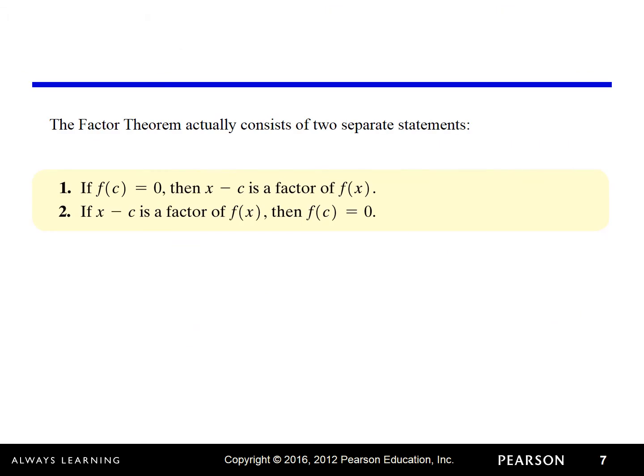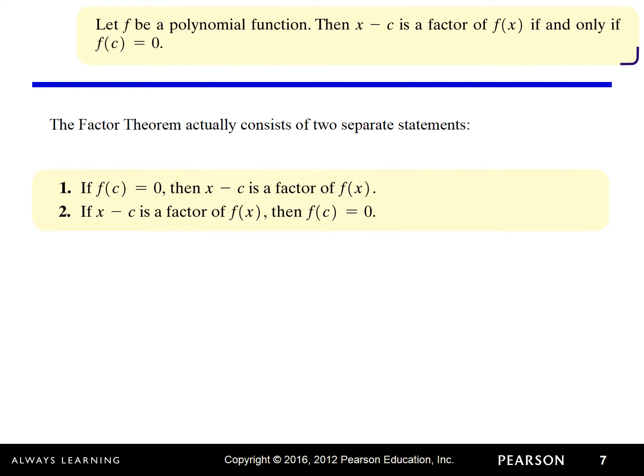Now, as we were just saying, when we're talking about hypothesis and conclusion, the factor theorem actually consists of two separate statements. If f of c equals 0, then x minus c is a factor of f of x. And that's what we established last time. We started with f of c equals 0, and then demonstrated the first part.